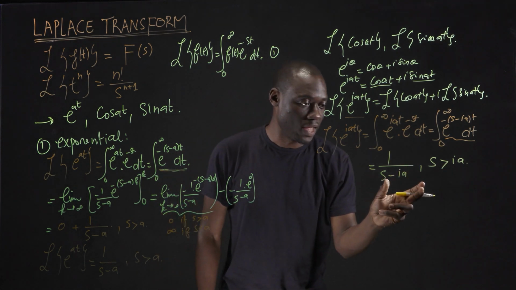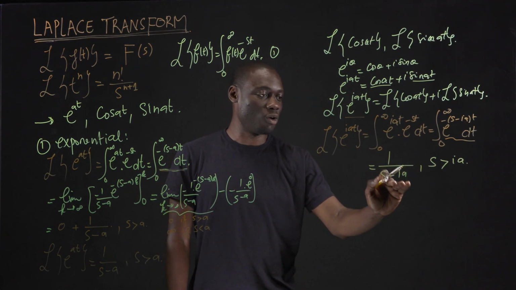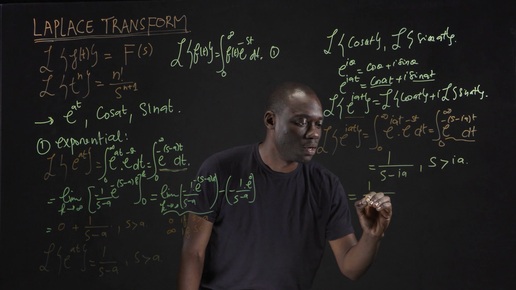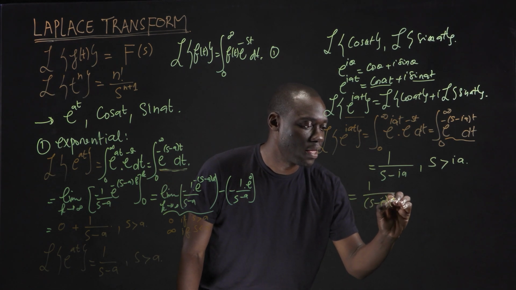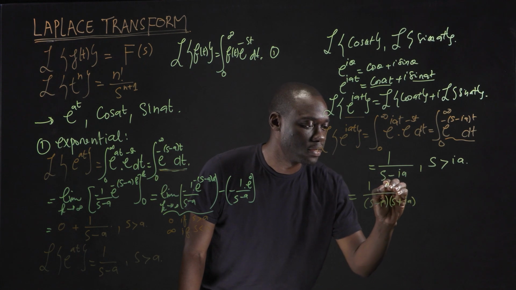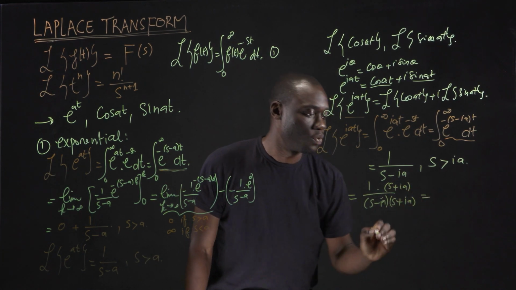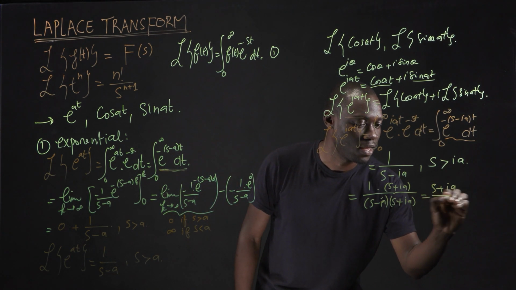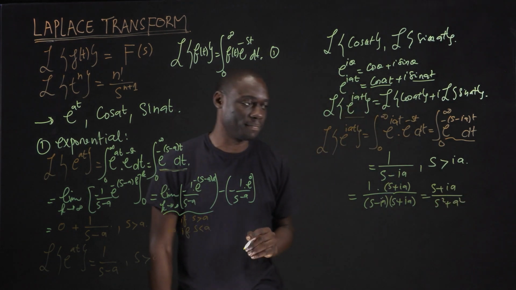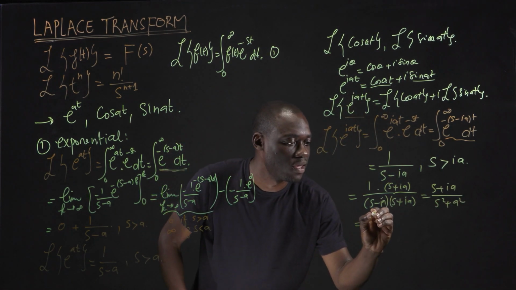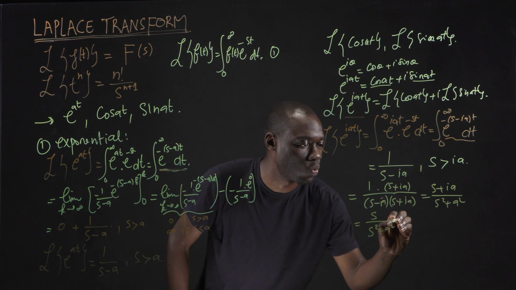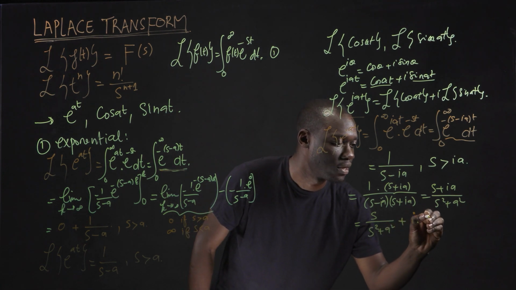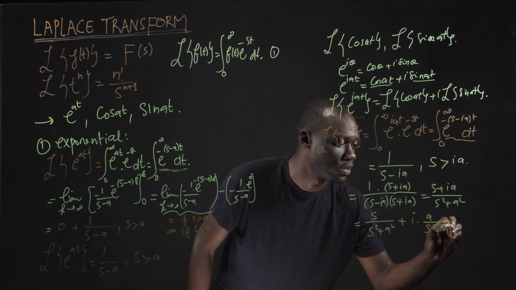Now we can't leave this answer this way because the complex number is in the denominator, so we have to multiply by the conjugate: 1 over (s minus ia) times (s plus ia) over (s plus ia), which is equal to (s plus ia) over (s squared plus a squared). This gives s over (s squared plus a squared) plus i times a over (s squared plus a squared).